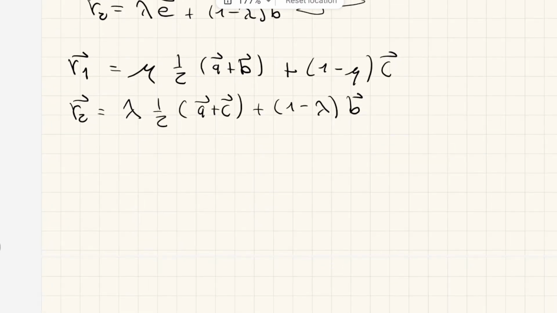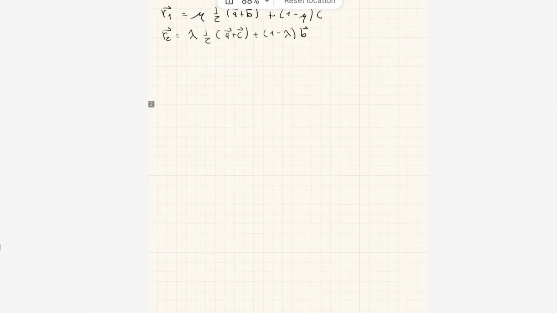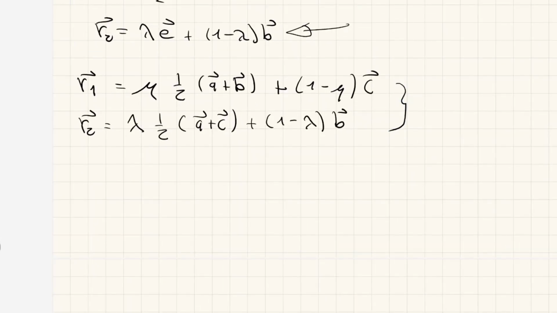So again, like we mentioned, we are interested in the point where R1 and R2 are equal. That, looking at the picture, we see is the centroid. So obviously, we are going to set these two things to be equal. So what are we going to get?